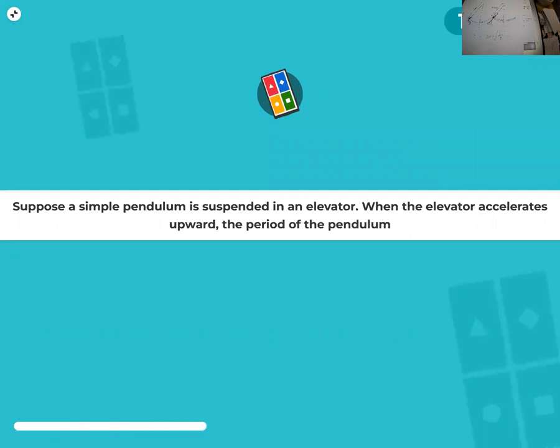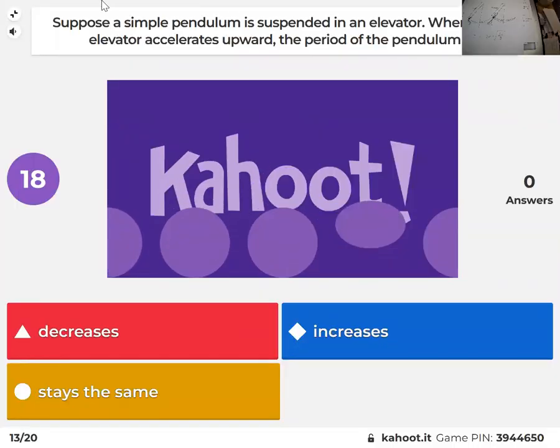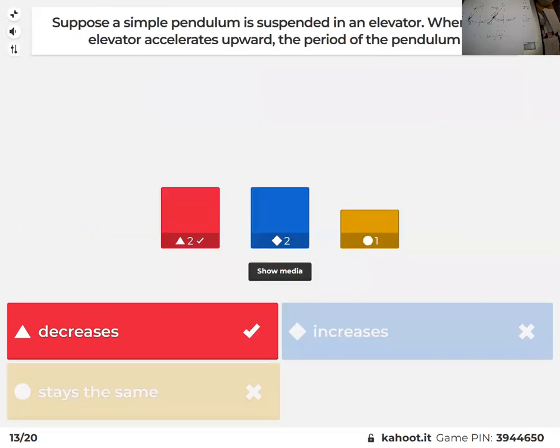Suppose a simple pendulum is suspended in an elevator. We talked about this. When the elevator accelerates upward, what happens to the time period? For two of you, just check out your notes from about half hour ago and get the answer right there.